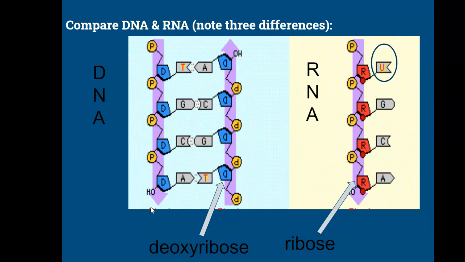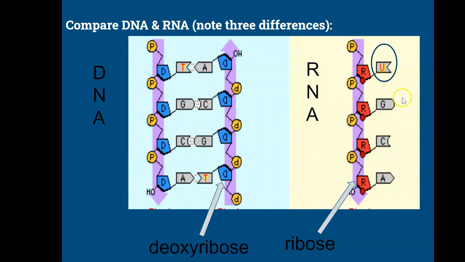But we can also look a little bit closer to this. So if we look at DNA, we know it's a double helix. So if it's a double helix, we know there are 1 and 2 strands. If we come over here and we look at RNA, RNA is made up of only 1 strand. If we look at the types of bases present, we know in DNA we have A and T and C and G. Or we could say T and A and G and C, but we know we have 4 bases.